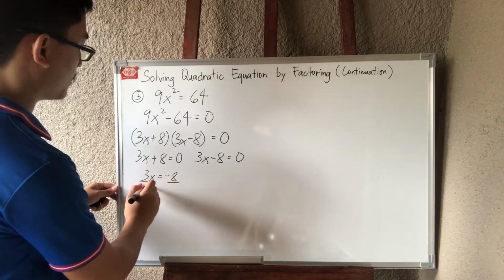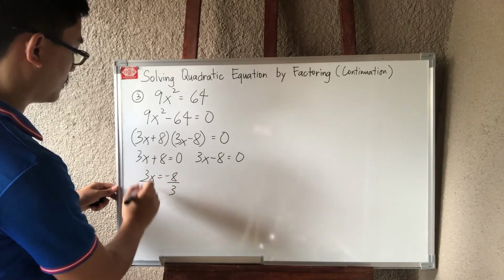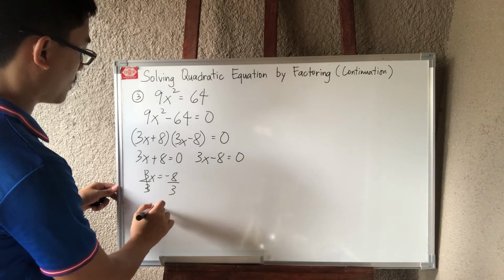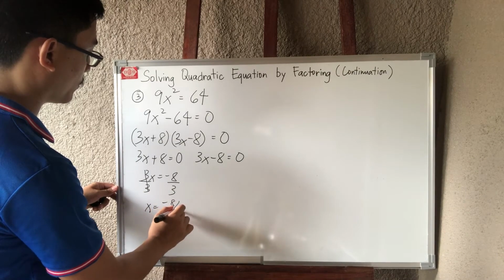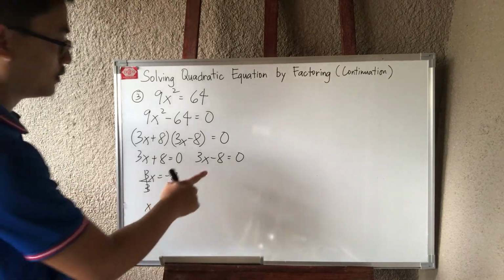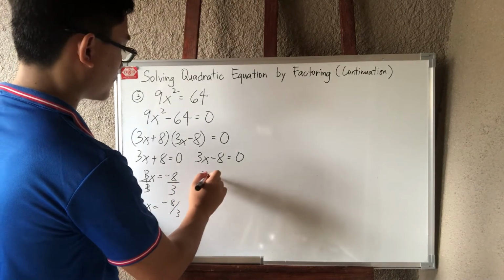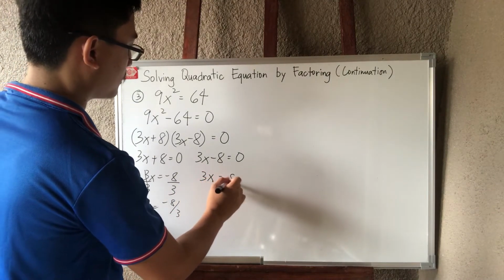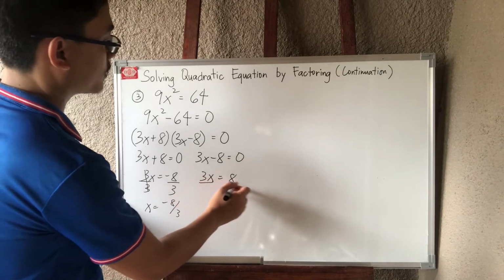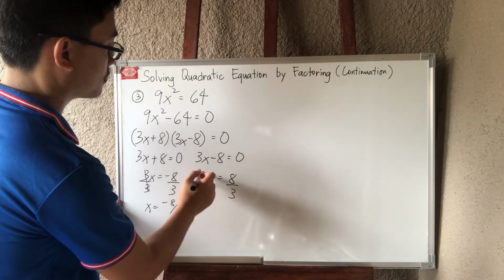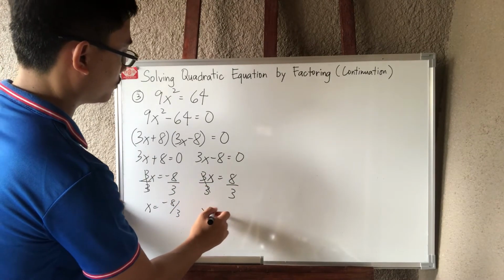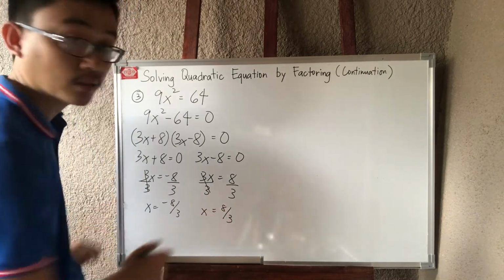Divide both sides by 3. So, cancel na yun. So, x equals negative 8 over 3. Then, dun sa kabila, you have 3x equals 8. Then, divide both sides by 3. Cancel. X is equal to 8 over 3.